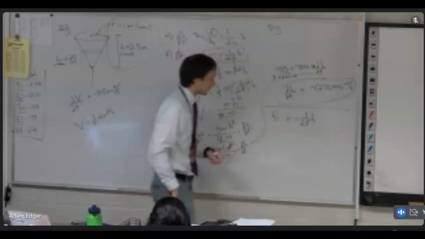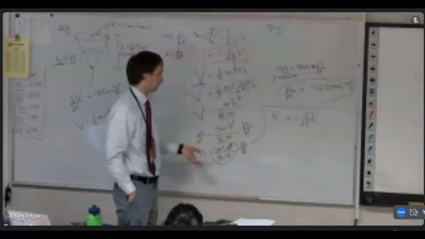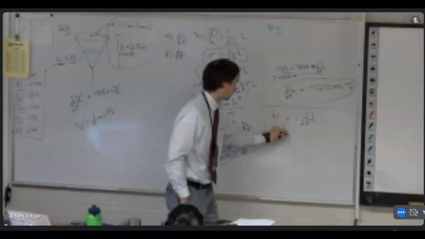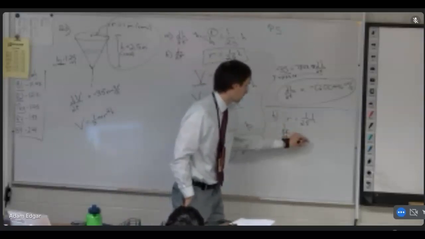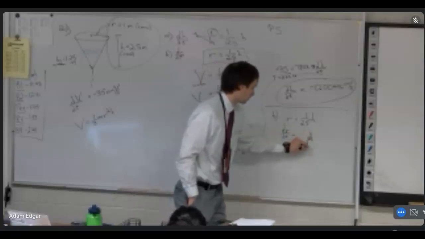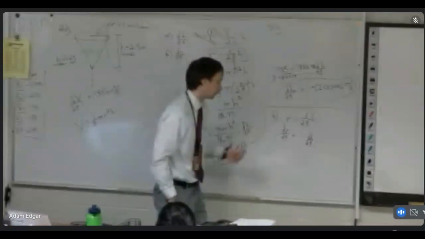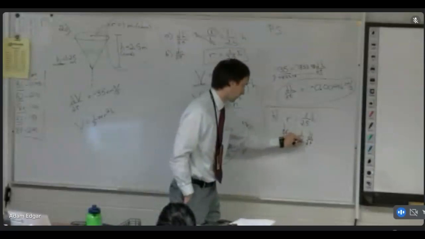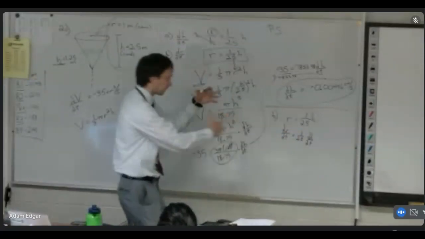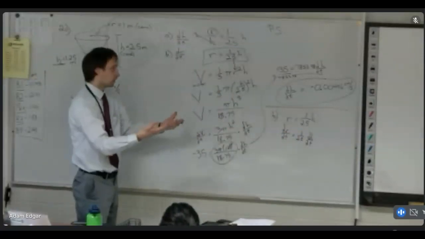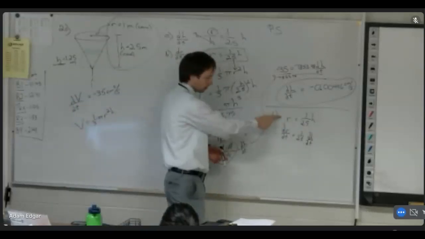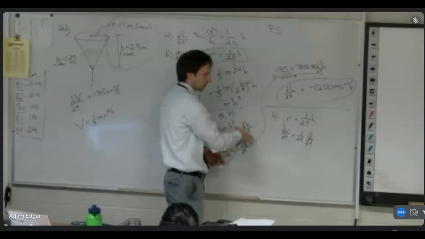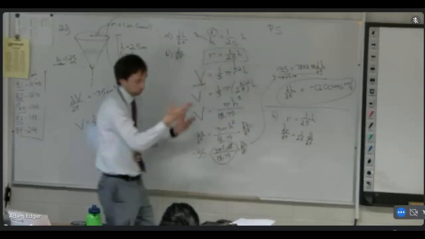If you just differentiate that, what do you get? dR/dt is a good start, equals 1 over 2.5, like a coefficient, times dH/dt. Now, if you don't like fractions, you could multiply the 2.5 up and over here, and then you'd have 2.5 dR/dt equals dH/dt, same thing.